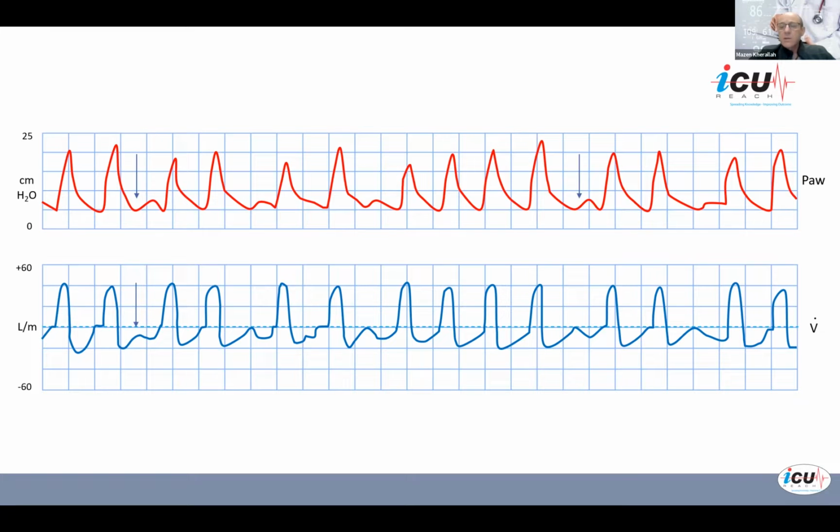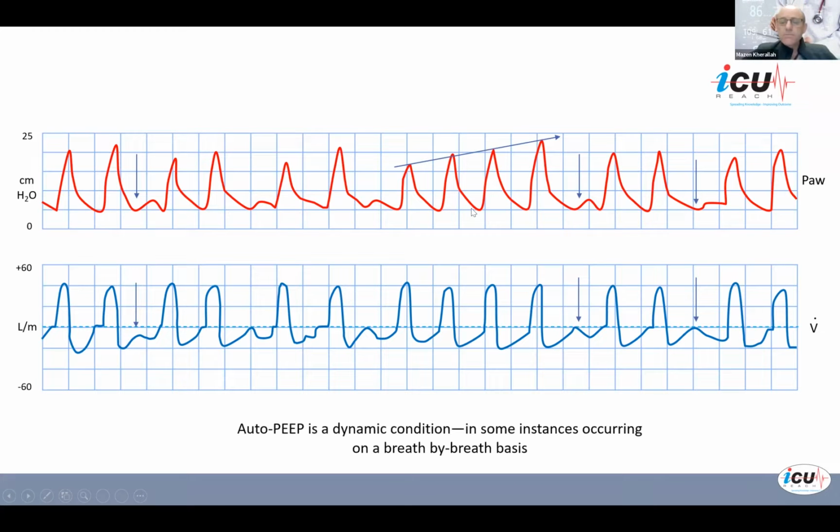Another one at this point, you can see the flow clearer here. This is the negative deflection in the pressure, and this is the increase in the flow. What you see also is that the pressure continues to go up higher. And why is this happening? Because we are building dynamic hyperinflation here.